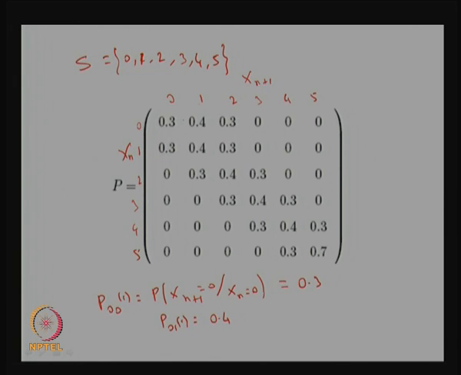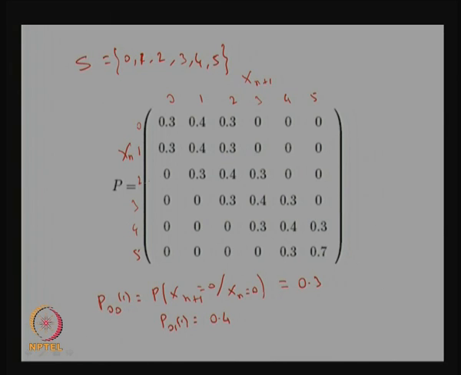And from 1 to 1, that is possible with one person arriving during the n plus 1th person's haircut, therefore that probability is 0.4. And going from state 1 to 2, that is possible if 2 persons arrive during the n plus 1th person's haircut.